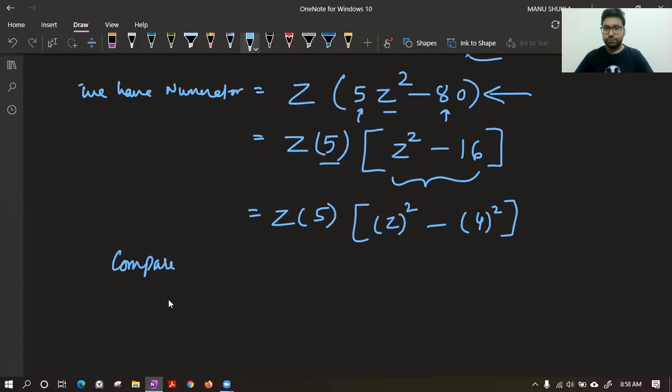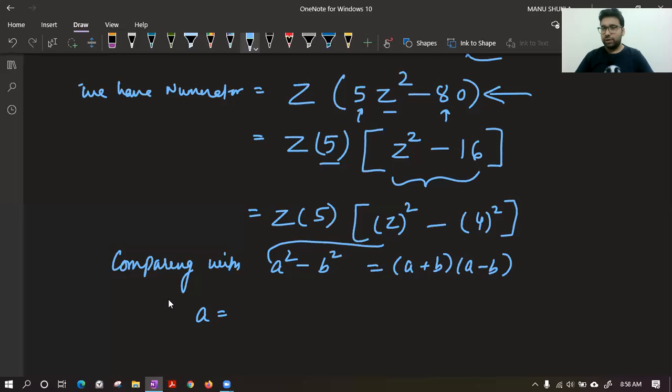Comparing with a square minus b square equal to a plus b into a minus b. First, we have to write what we have got. This a is equal to what? Class, please compare and tell me, if you compare these two, what is the value of a?